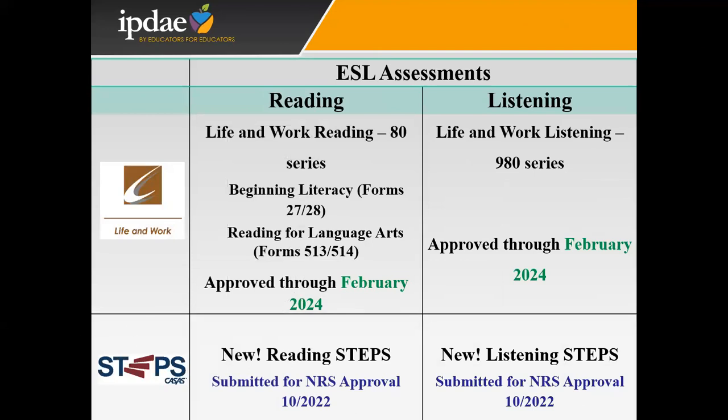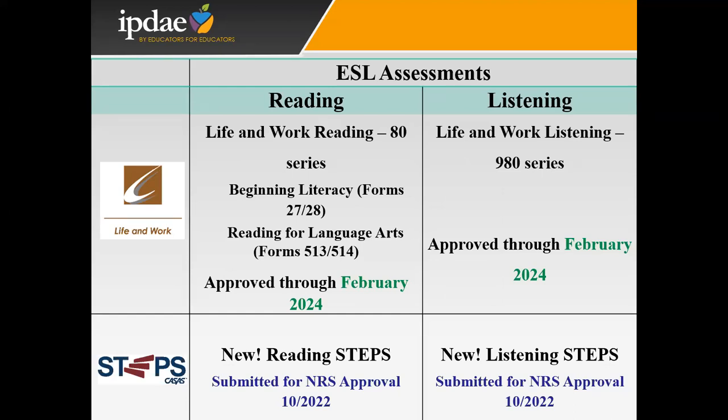So at this time, all agencies are using the CASAS Life and Work series for their ESL programs. Life and work assessments correlate to CASAS competencies and to CASAS content standards. Now, the STEPS assessment. STEPS, at least for now, is still pending approval. So the CASAS reading and listening STEPS, and STEPS stands for Student Test of English Progress and Success.